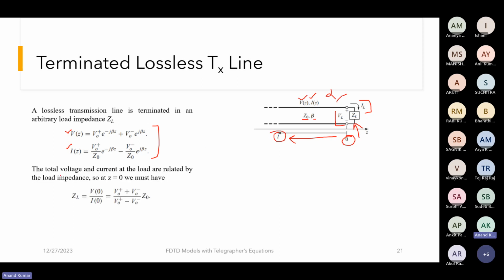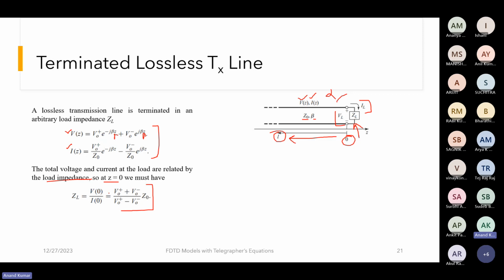Now, the total voltage and current at the load are related by the load impedance. So at z equals 0, we can write V by I at the 0 position, and we substitute 0 over here and end up with this expression.